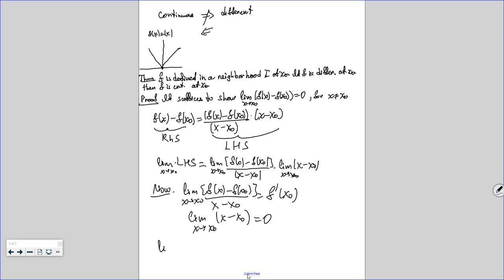Then we get that the limit of the right hand side is equal to 0, which is what we wanted to prove.